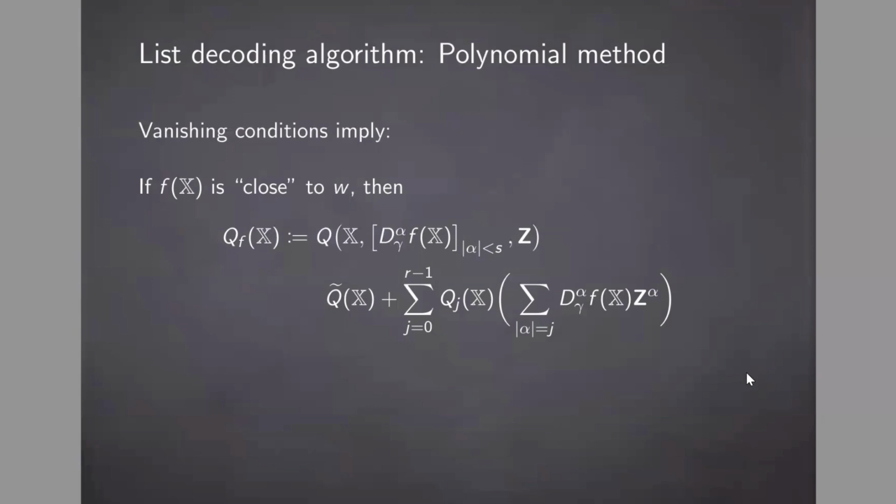And since the number of roots is large enough relative to the degree, this polynomial must in fact be the zero polynomial by the degree bound.